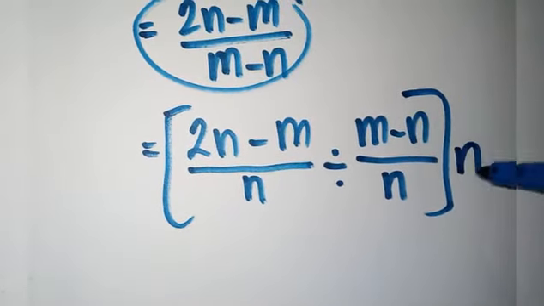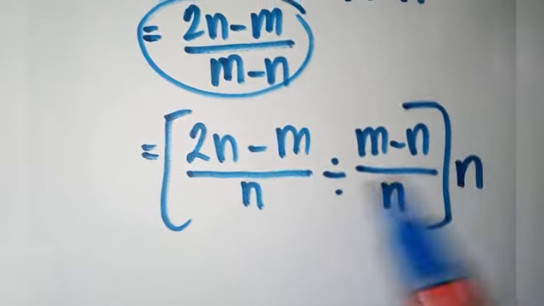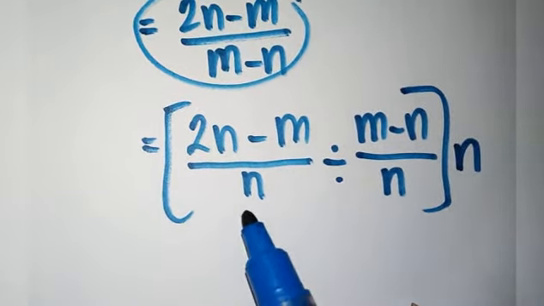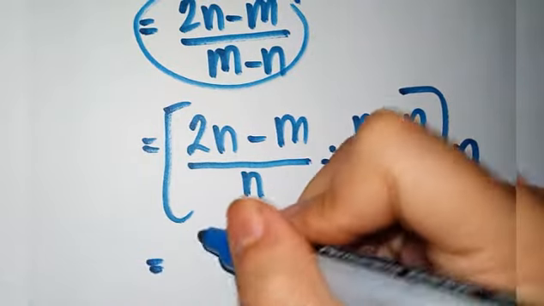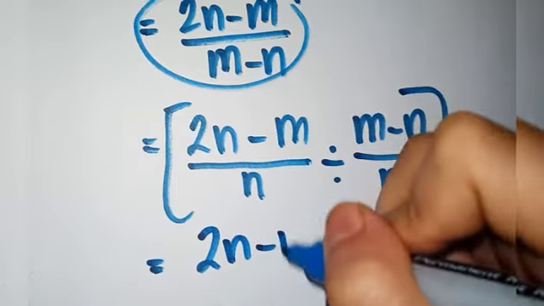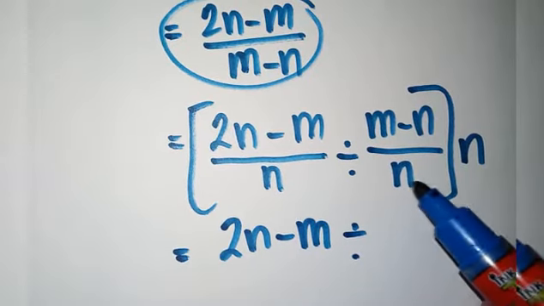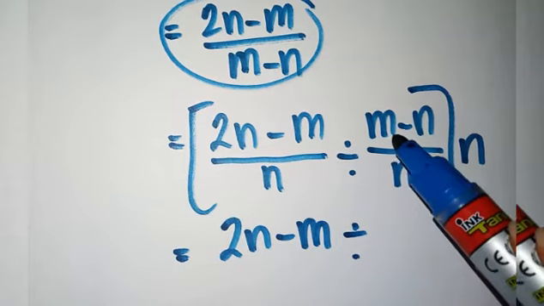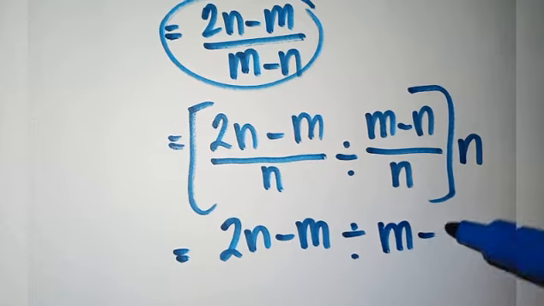When n is divided by n, it will give us simply 1. So, 1 times 2n minus m, we have simply 2n minus m. The next, n divided by n will give us 1. Then 1 times m minus n is equal to simply m minus n.